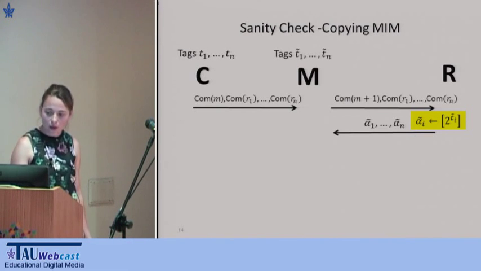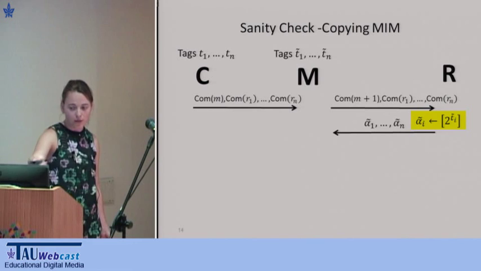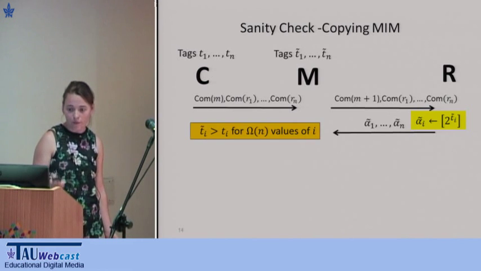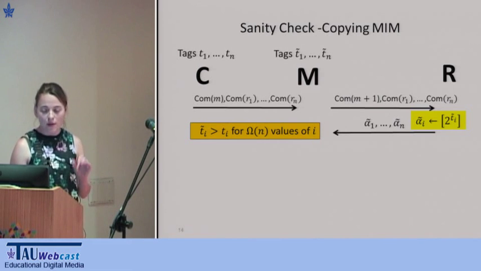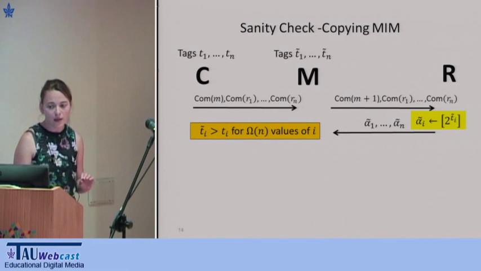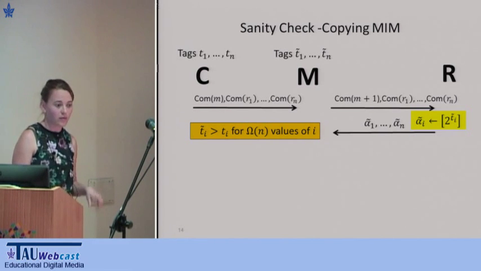Now he will receive n challenges, alpha 1 tilde up to alpha n tilde, and in order to answer these challenges he will need to copy all n of them to the left. But the problem is that now we are guaranteed that there is a constant fraction of ti tilde that is bigger than their corresponding tags on the left.